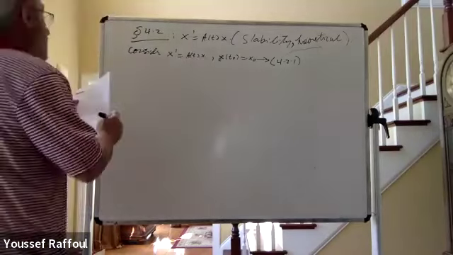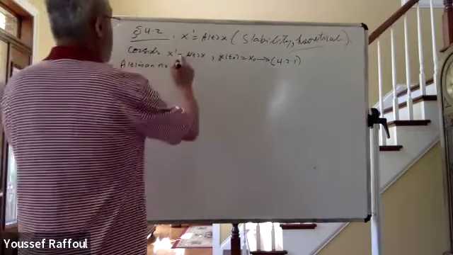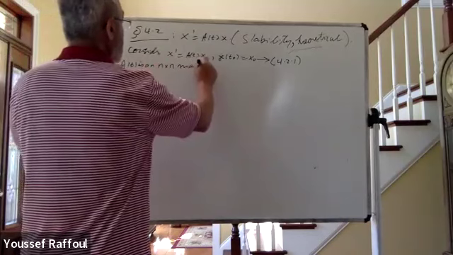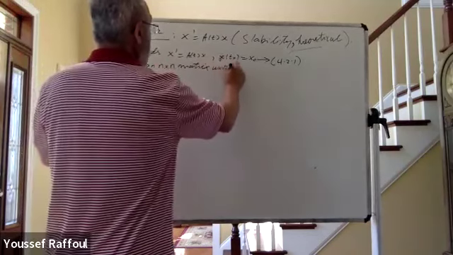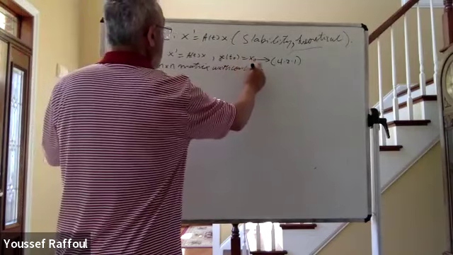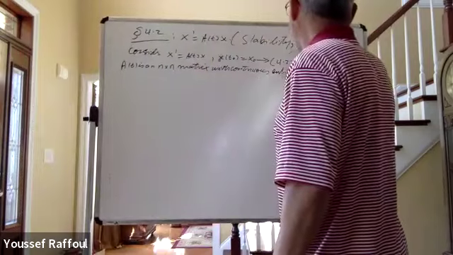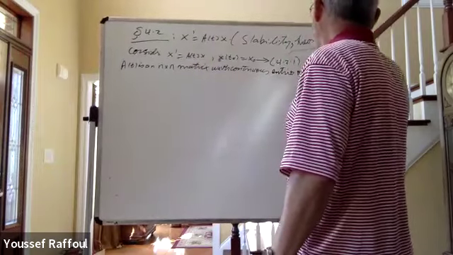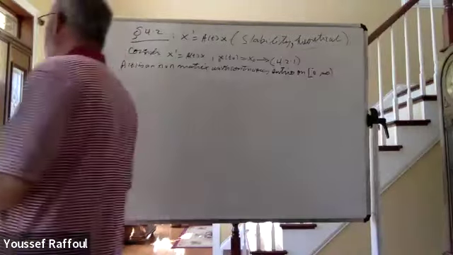Where A(t) is an n by n matrix with continuous entries on 0 to infinity. So we're only looking at t bigger or equal to 0.